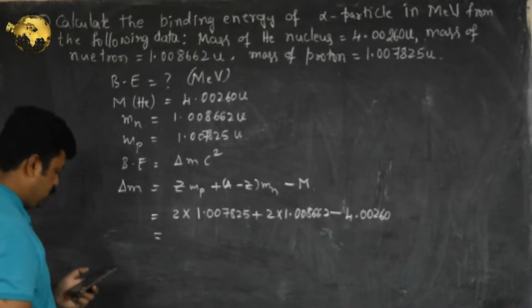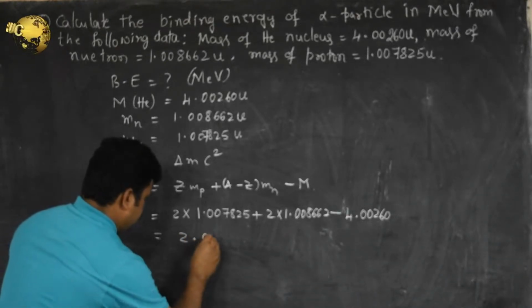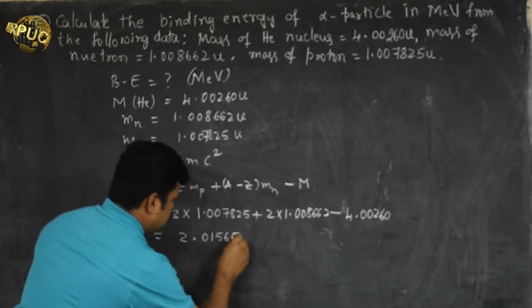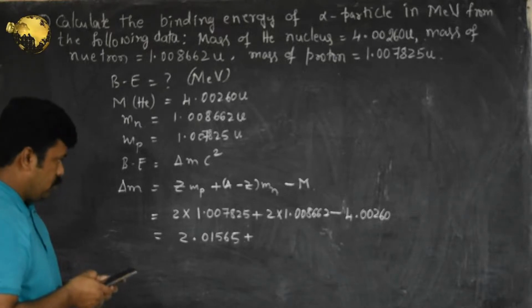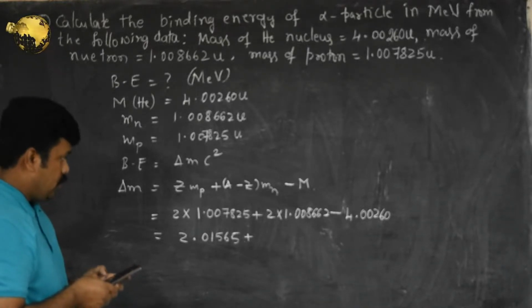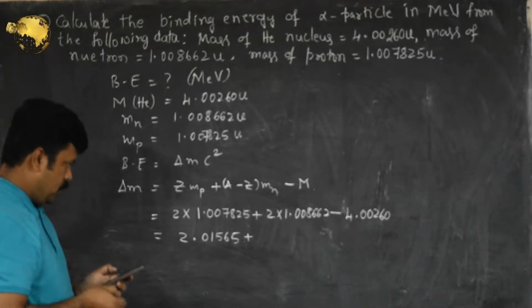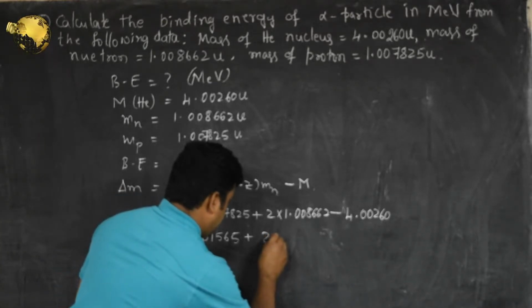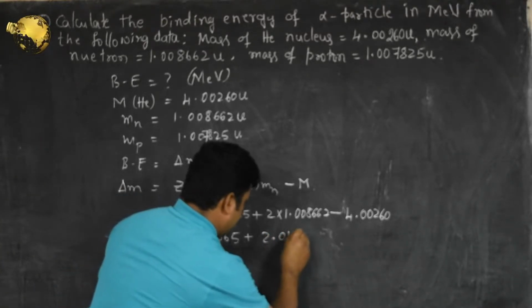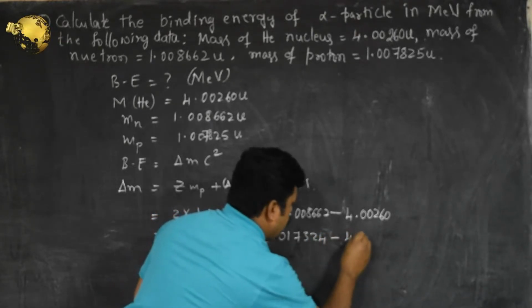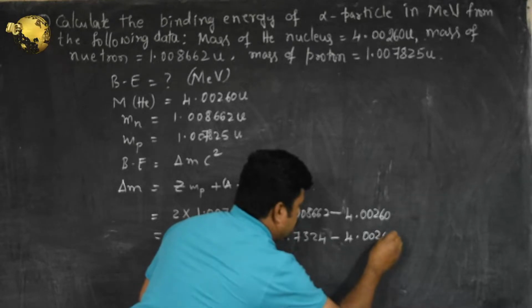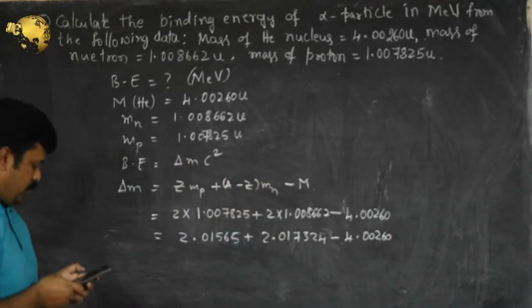So let's solve this. We get 2.01565 plus 2.017324 minus 4.00260.